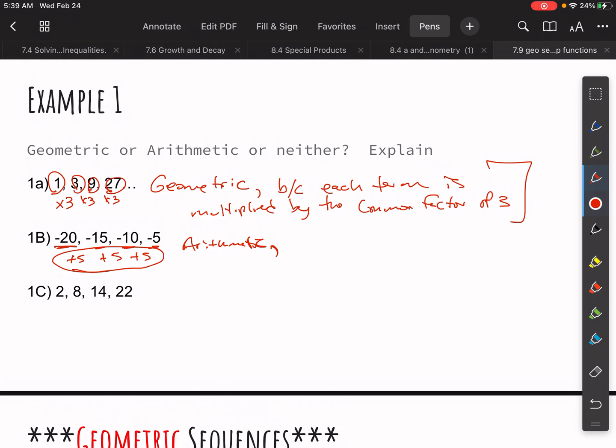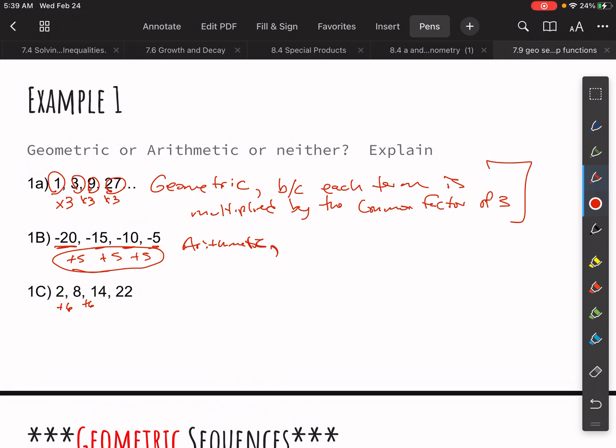Then let's look at 1c. So this one here, it appears like, if I multiplied by 4, 2 times 4 is 8. 8 times 4, though, is 32, so it's not multiplication. So now I'm going to try addition. Okay, so if I add 2 plus 6 is 8. 8 plus 6 is 14.